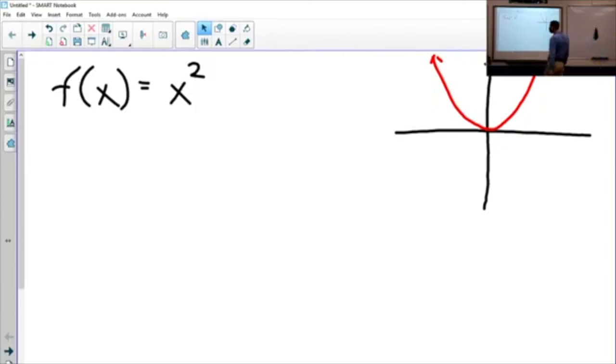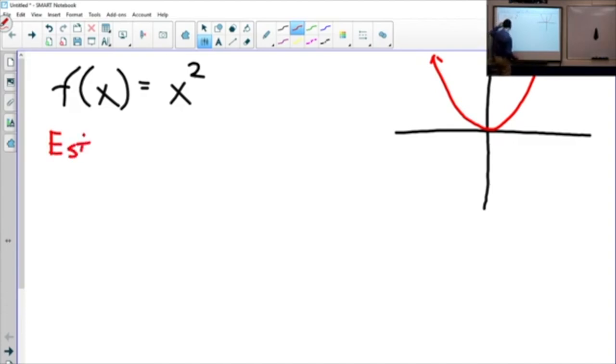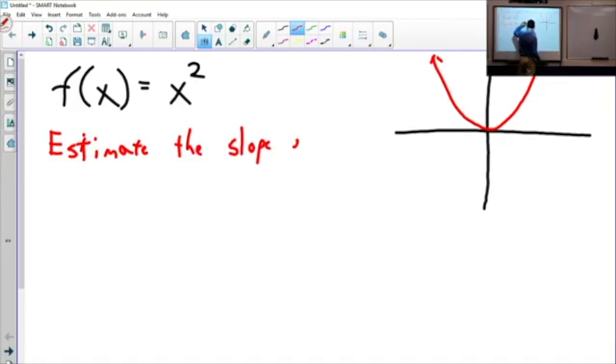So what we want to do is estimate the slope at specific points.